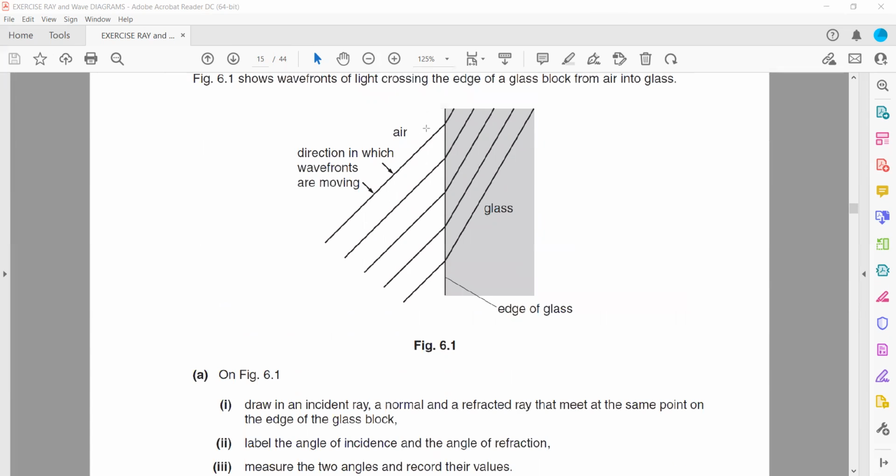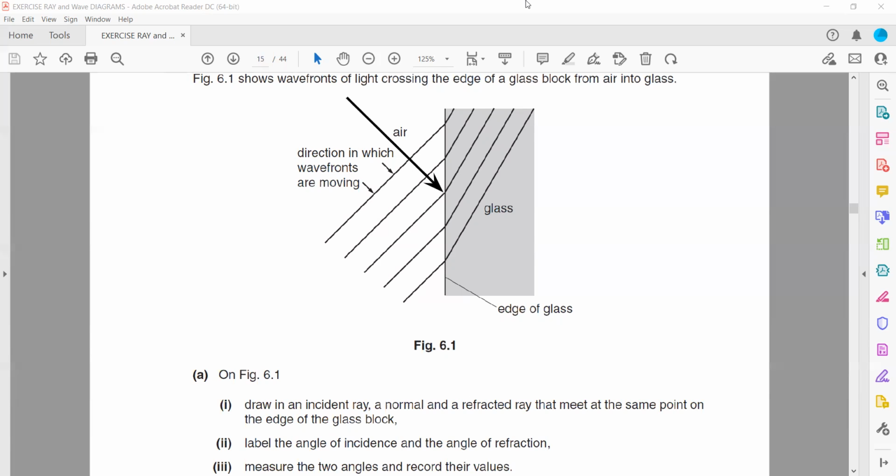As I mentioned, the direction of the wavefront and the direction of the wave are always perpendicular. So this is a wavefront. What is the direction of the wave? So this will be the direction of the wave.